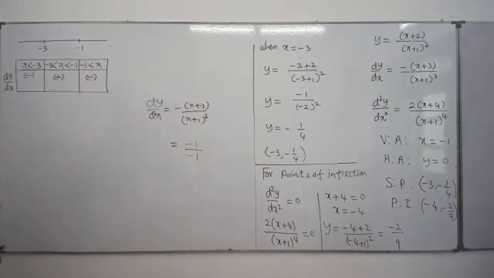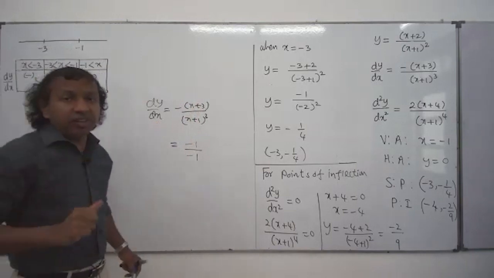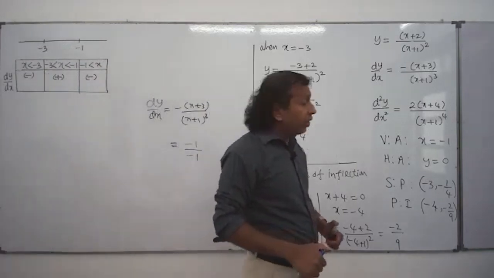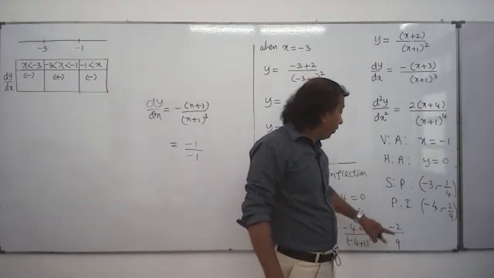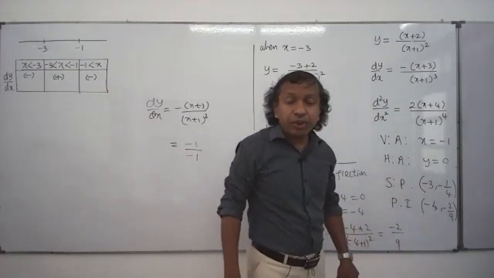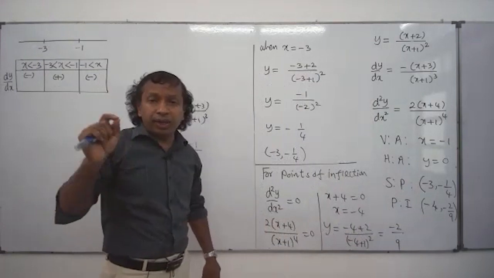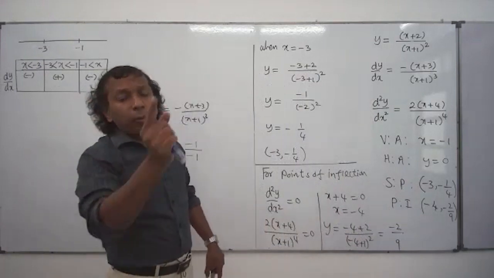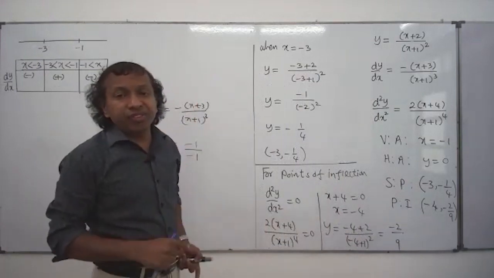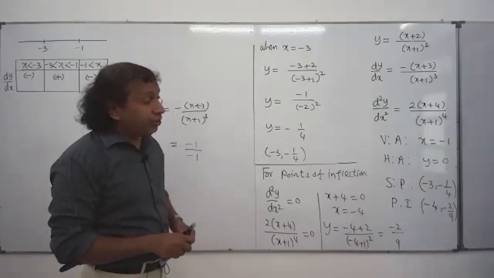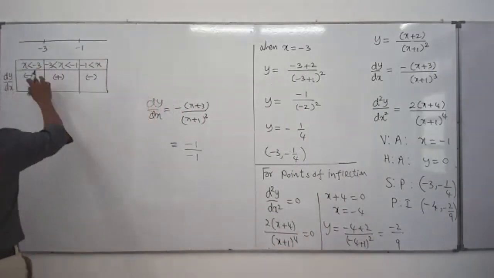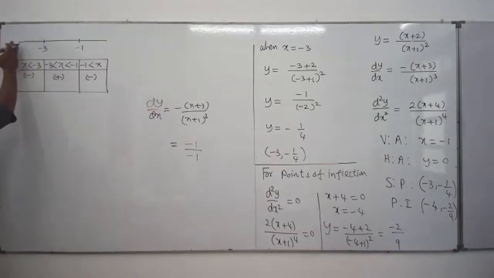Now people, having these signs, you can very easily determine the shape of the stationary point. We said the stationary point occurs at -3, no? You know the stationary point can be either a minimum, a maximum, or a point of inflection. Let's see what its shape is. At x equals -3, on the left the gradient is minus. Minus gradient means a line like this.